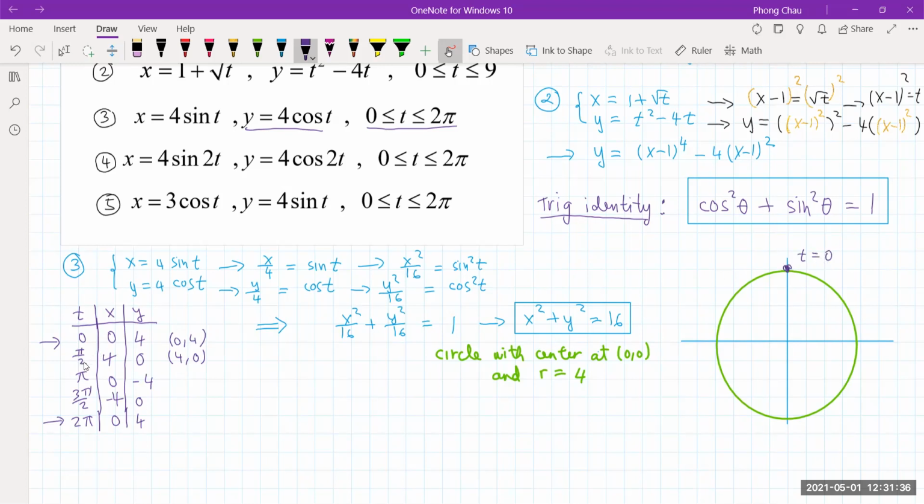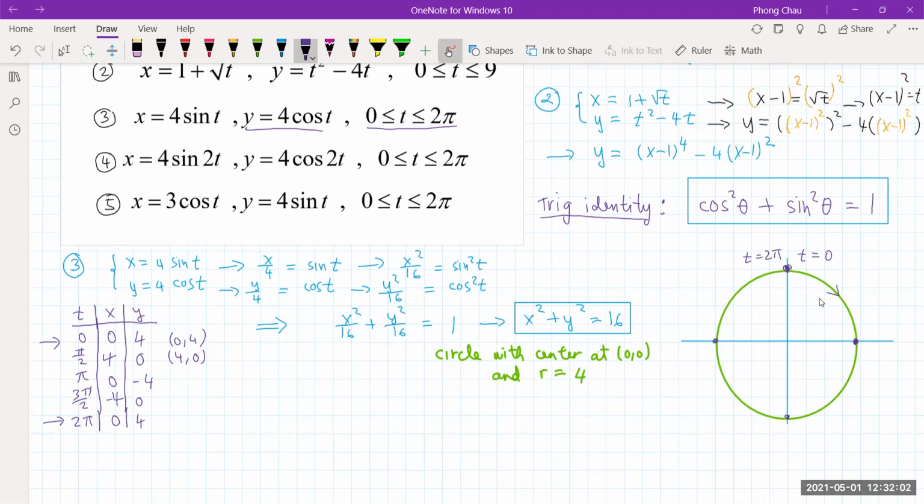And then when t is pi half, we're at 4, 0, which is here. Right, and then we go to 0, -4, and then we're back to here, and then finally when t equals 2 pi, we are back at the same point as the beginning.